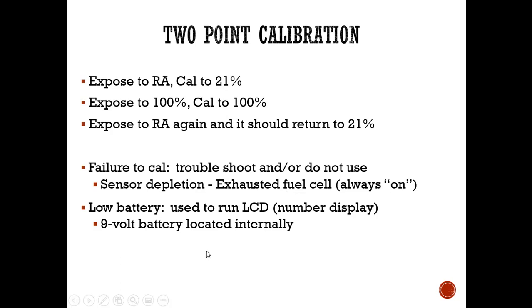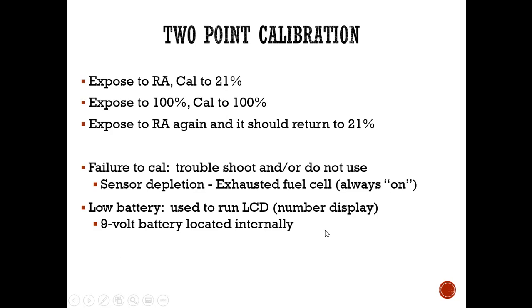You could also have a low battery, which would affect your display, but the battery on the galvanic fuel cells really doesn't have anything to do with the analyzing itself. It just has to do with the ability for the device to display the numbers. So those are your troubleshooting points. For us, I think what has happened is that we have sensor depletion, which is strange because we should still have about a month left on them based on when we bought them.